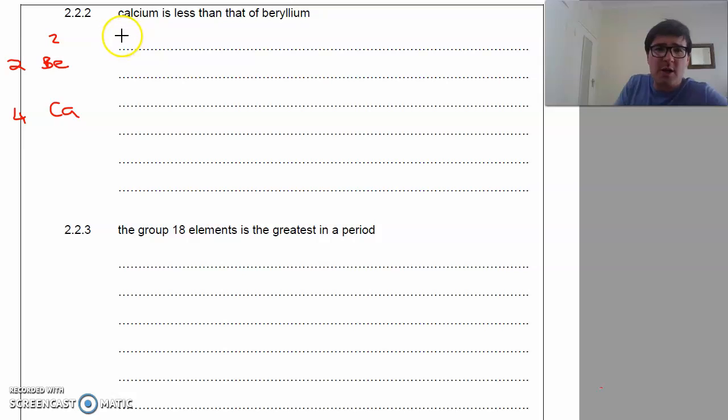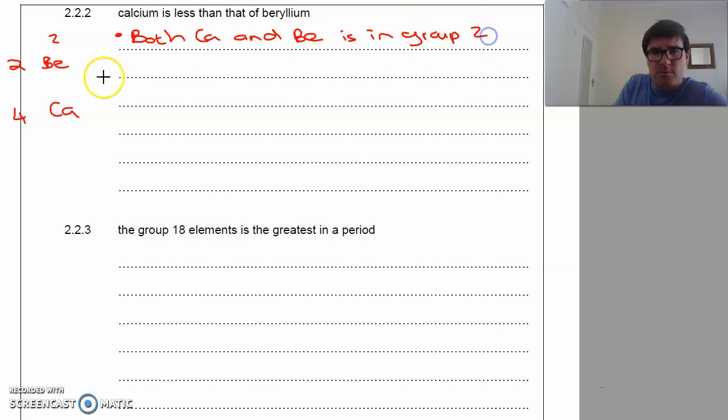Okay, so here we will say: both calcium and beryllium are in group 2. Calcium is in period 4 and beryllium in period 2.